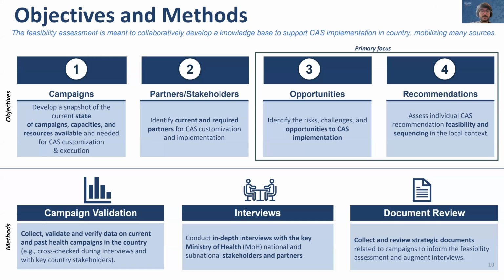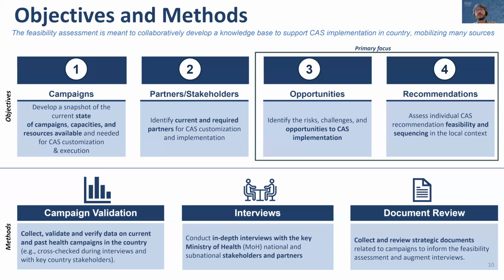First, it helps develop a snapshot of the current state of campaigns in the country. This includes looking at capacity, existing delivery platforms, and available resources, and what would be needed to support CAS execution. Secondly, it identifies who's already involved in campaigns and who needs to be engaged, mapping out current and required partners.